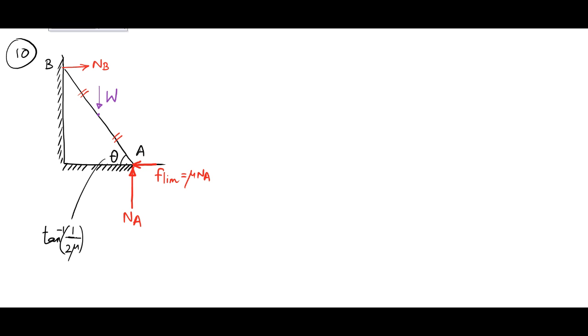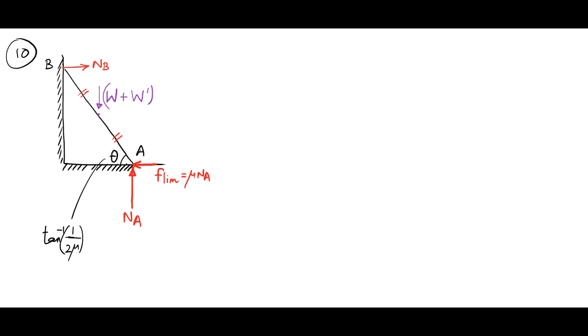Now let's say that this uniform ladder doesn't have a weight W, but rather its weight is W plus some W dash. We don't know what W dash is. I can always split the weight of the ladder. Suppose it's a ladder whose weight is 10 newtons. I can always say it's 7 plus 3 newtons. Who prevents me from saying that? So I've got a W and a W dash. The total weight is W plus W dash. It acts at the center, and still you have this situation where theta is tan inverse of 1 upon 2 mu.